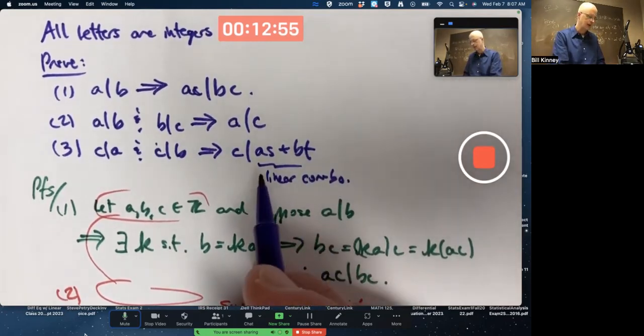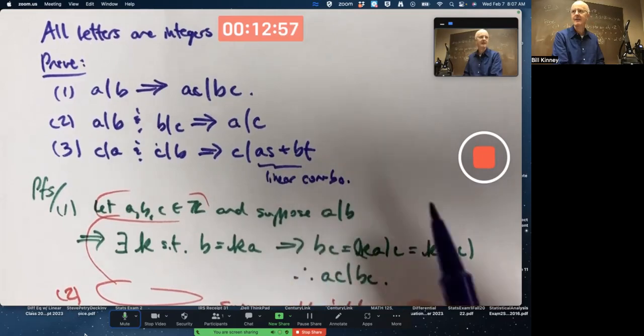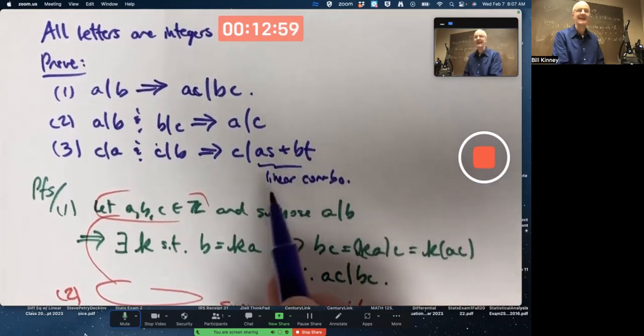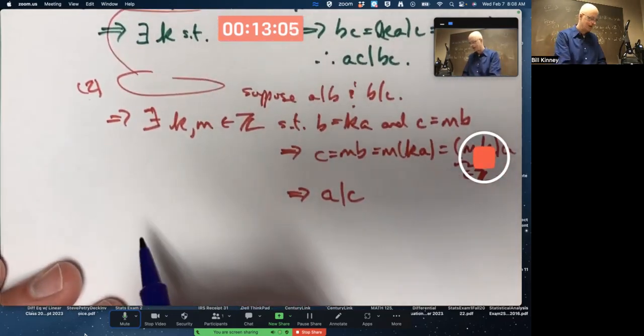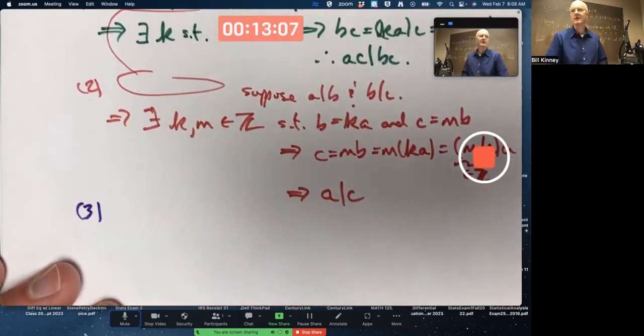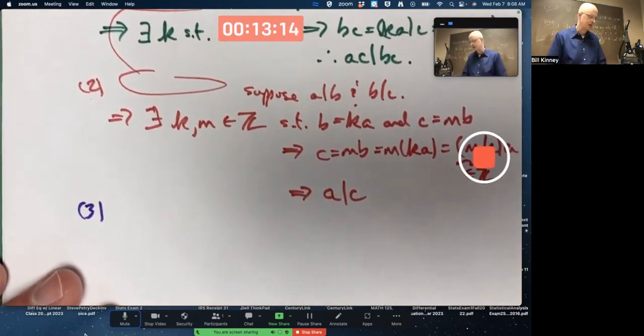Here we're doing a linear combination of two integers, A and B, thinking of them as given integers, and S and T as arbitrary other integers. We have a theorem called the GCD is a linear combination theorem, which we'll talk about today. It's good to emphasize that terminology.